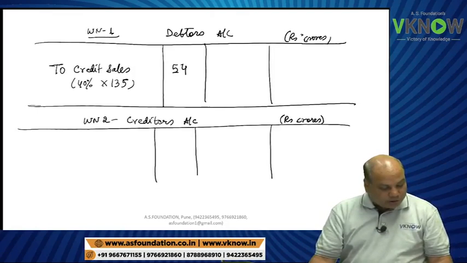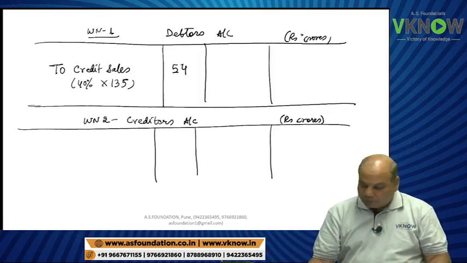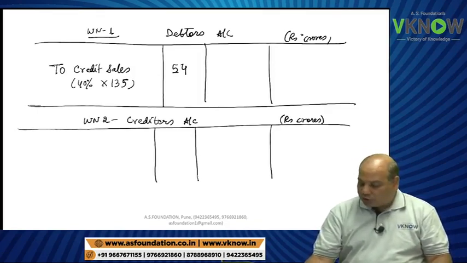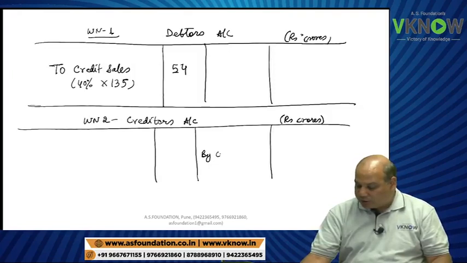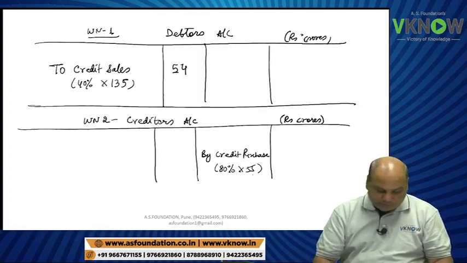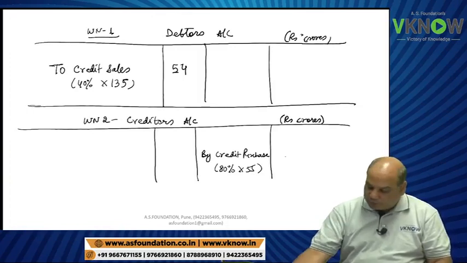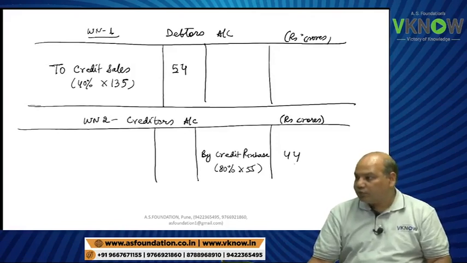Purchase for the year amounted to rupees 55 crore, out of which credit purchase was 80%. So we will come to working note 2, creditor account, by credit purchase. By credit purchase was 80% of 55, 44.